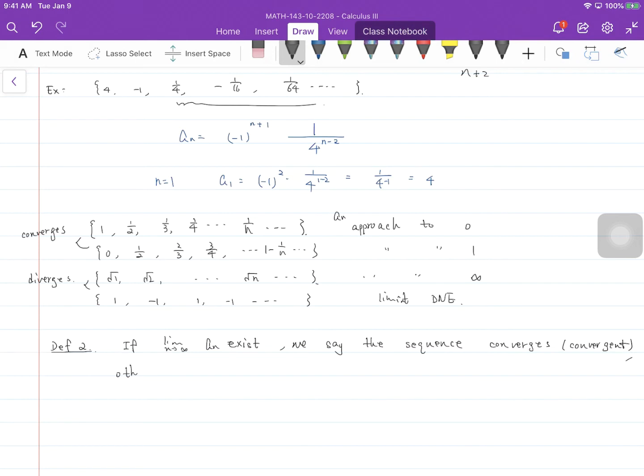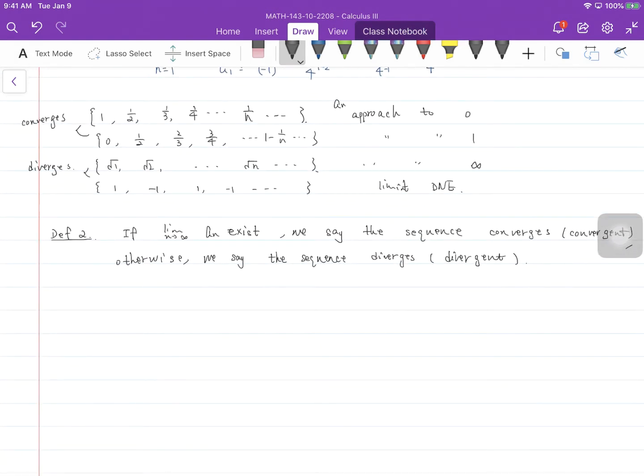Otherwise, we say the sequence diverges, or is divergent. That's the definition.